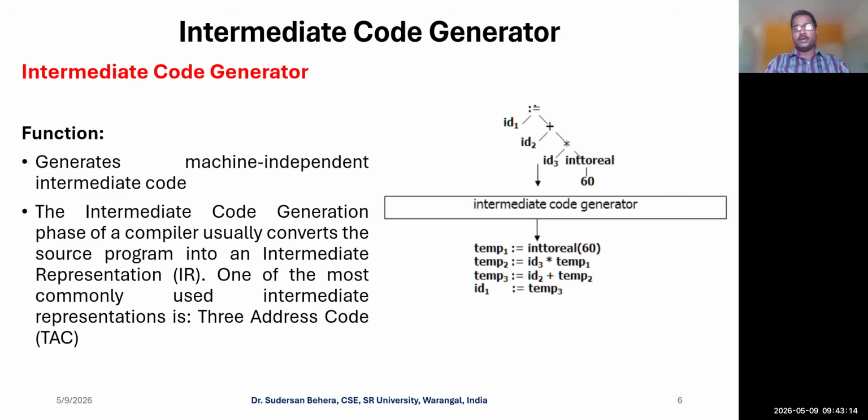Machine independent code optimization takes place just before the code generation phase, immediately after the intermediate code generator. Machine dependent code optimization takes place just after the code generation phase.